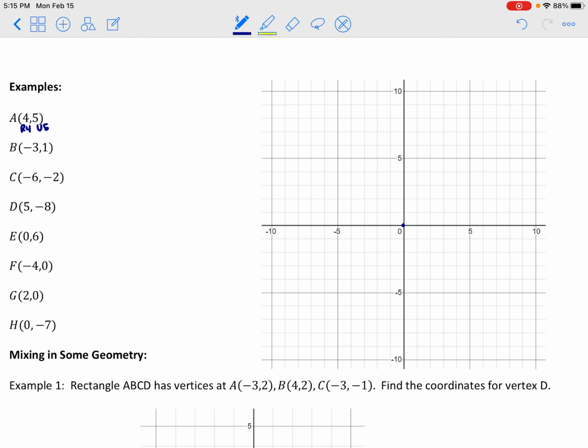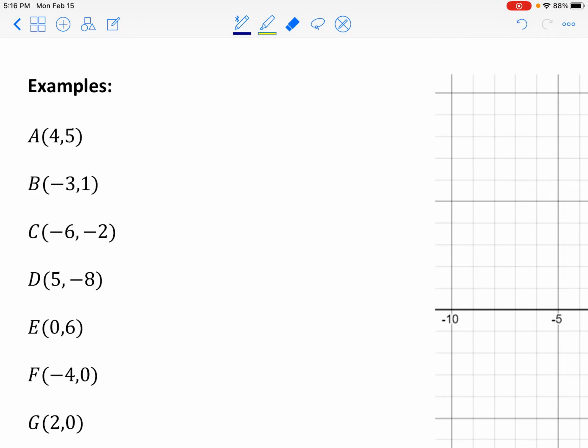So from the origin, if I went right 1, 2, 3, 4, and then up from there 1, 2, 3, 4, 5, that is where that point is located. So the coordinate 4, 5, or A, would be right at that spot. Okay? So this is really tiny. If we go from the origin right 4 and up 5, then we land in quadrant 1.